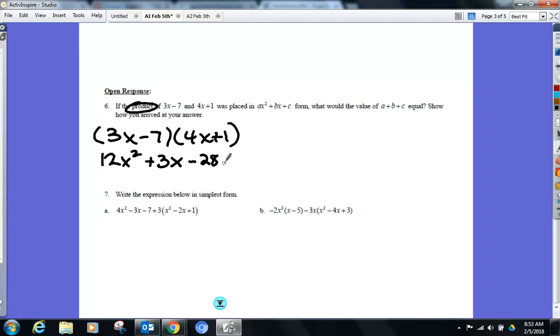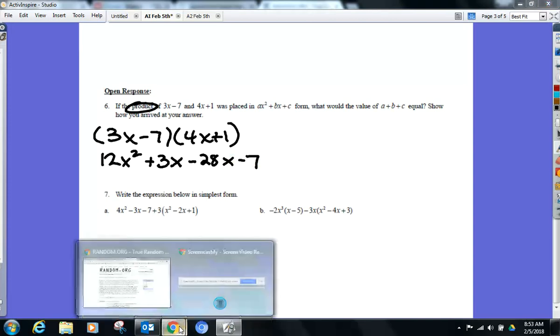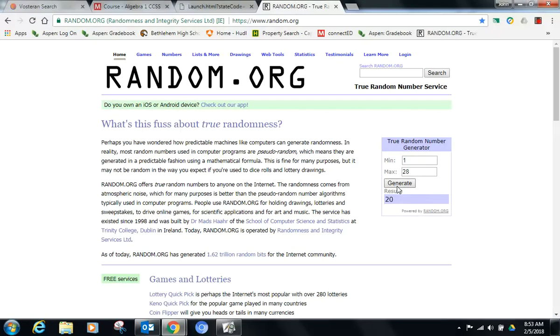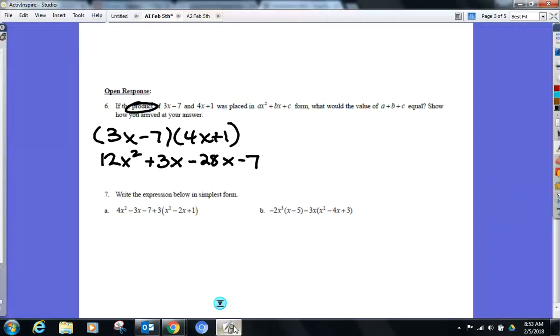Just negative 28. And then negative 7 times 1. All right. How about some like terms here? You do the 3x and the negative 28, which is negative 25x. Yep. Minus 7.